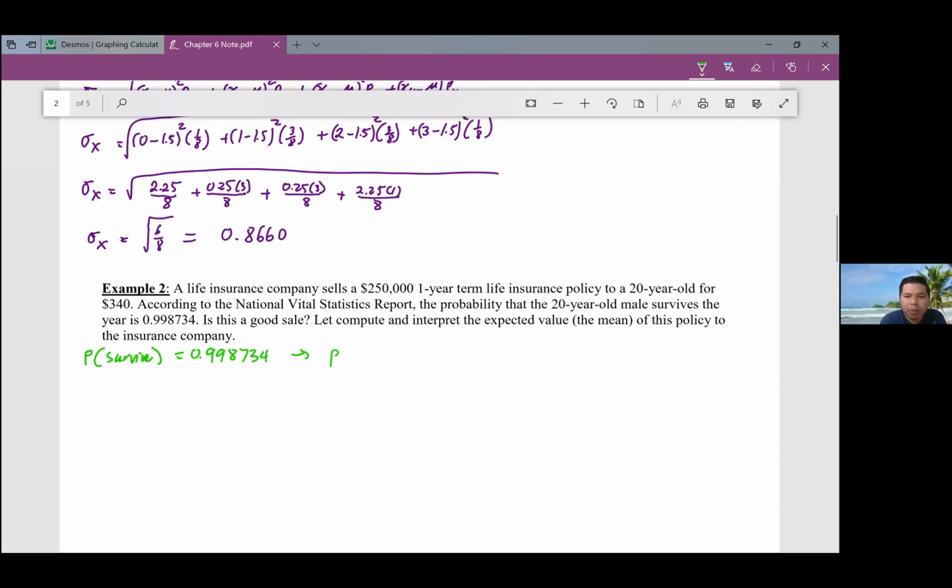Therefore, the probability of not surviving will be 1 minus that. So the probability of not surviving will be 0.001266.